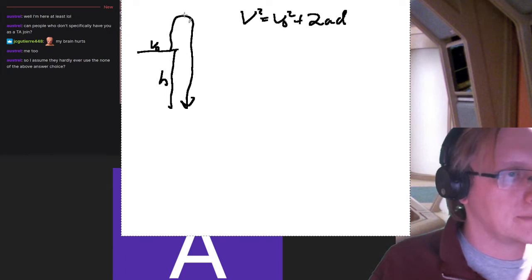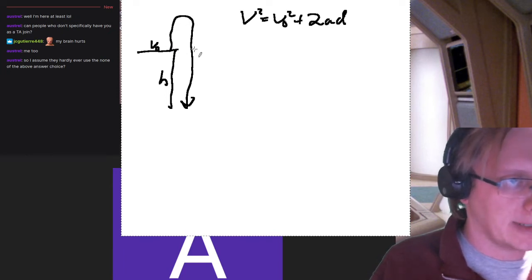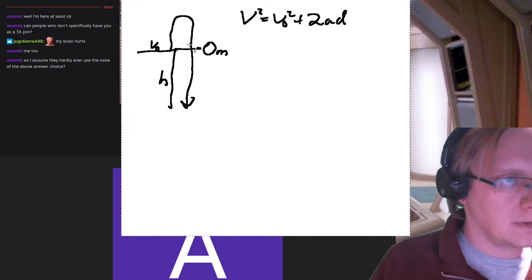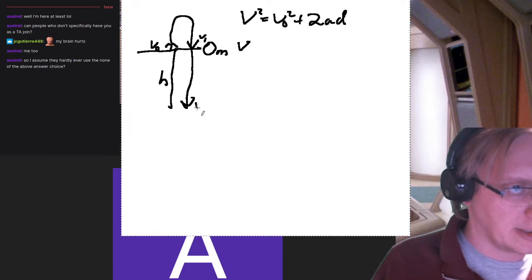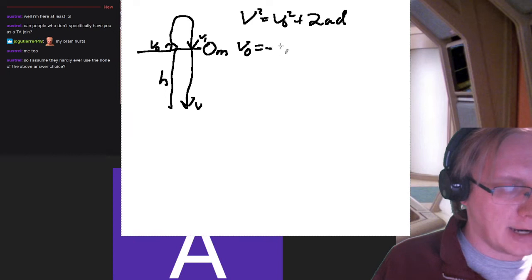So we go up a certain amount of height, and then we'll come back down to here. This is still 0 meters. So this direction going down and this direction going up are both V. Let's call this one V1, and put this one down here, V. So V naught is equal to minus V1.